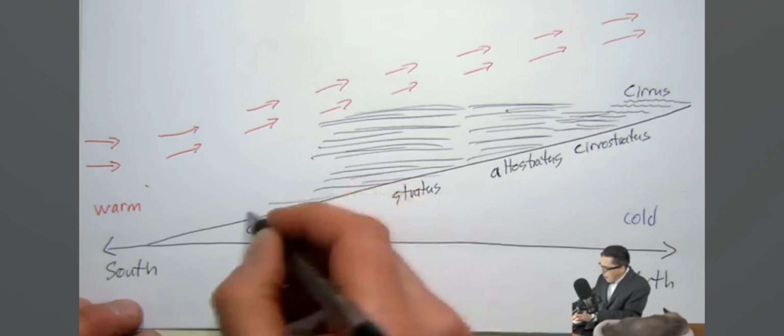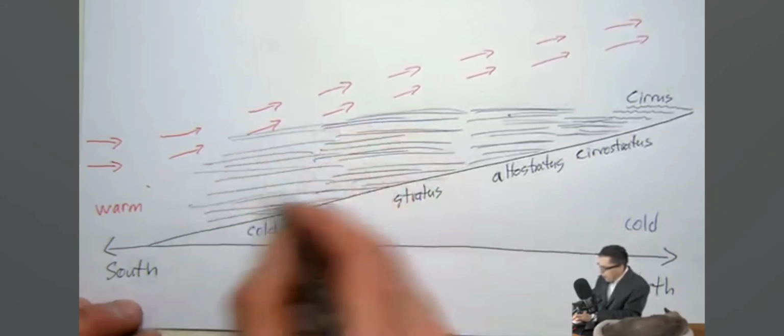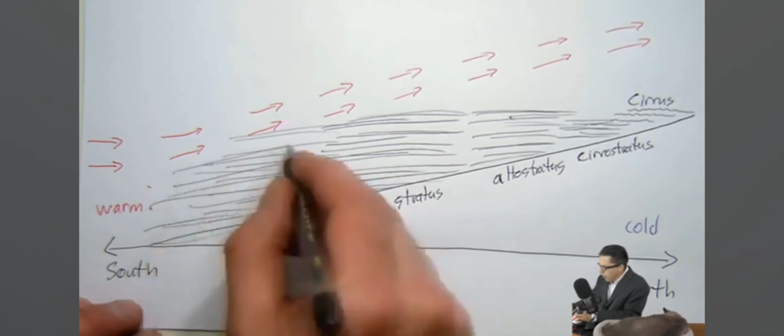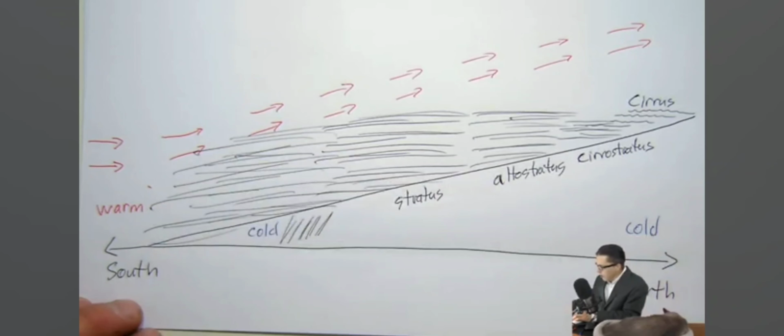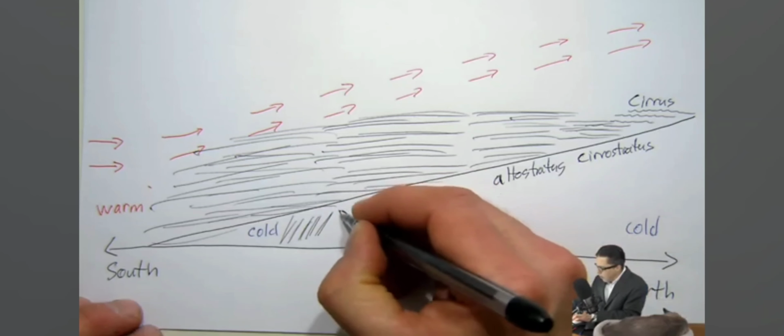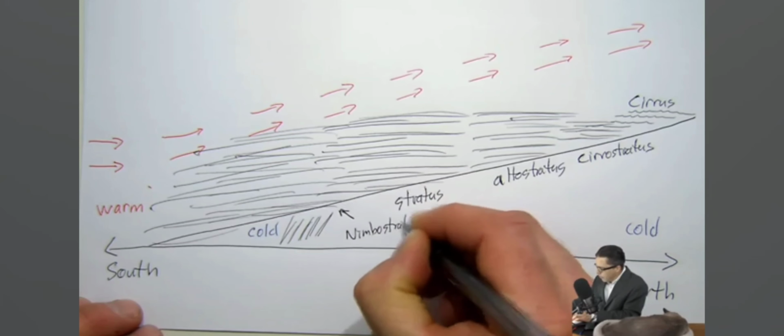That's stratus. And then from behind that point, if this whole thing is pretty well developed, we would have precipitation coming out of this. And at that point, we've got nimbostratus.